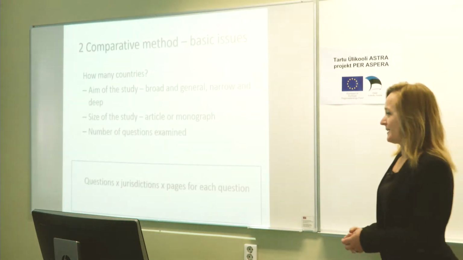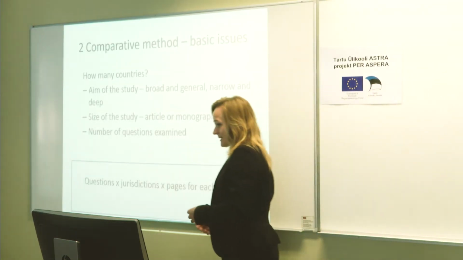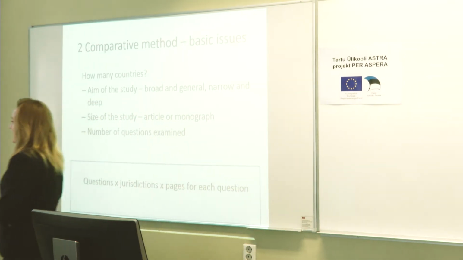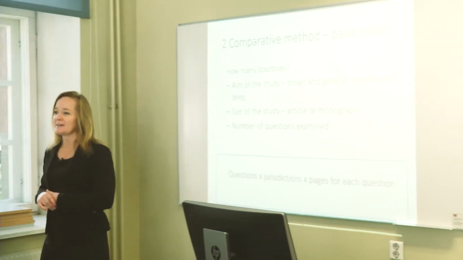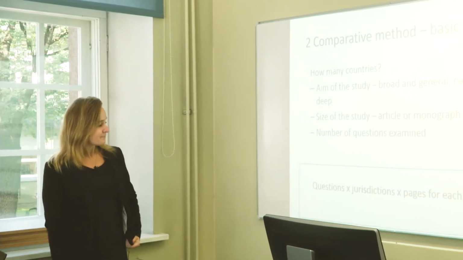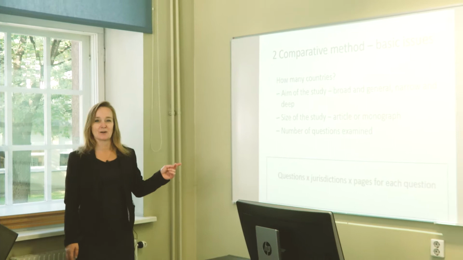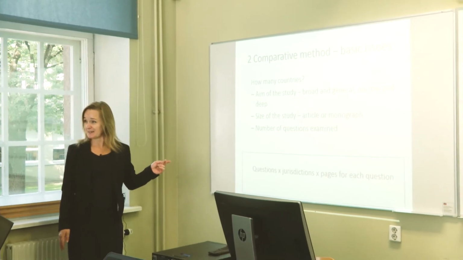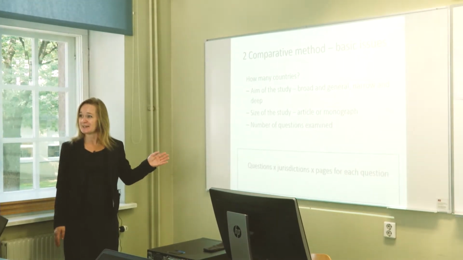And I listened to him again just a couple of weeks ago, when he was discussing this formula, so to speak, on how to decide how many jurisdictions it was possible to include in the study.